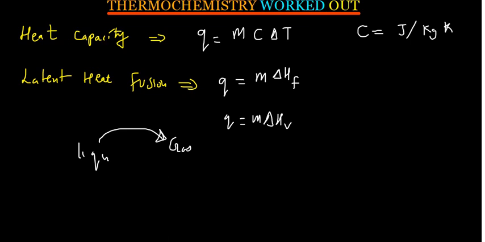So latent heat of vaporization is the amount of heat energy required for a liquid to change into a gas at constant temperature, or the heat released for a gas to change into a liquid at constant temperature. So these are the different forms of heat that we are able to talk about here.